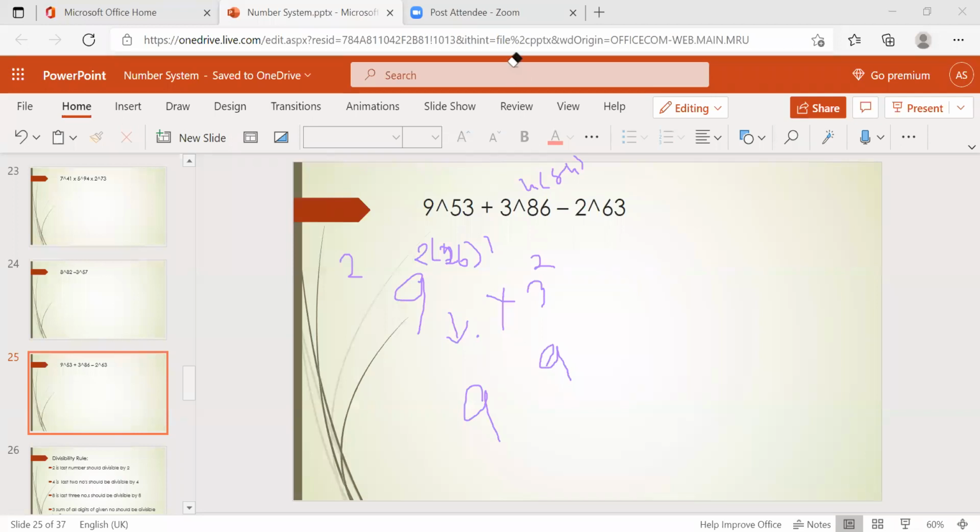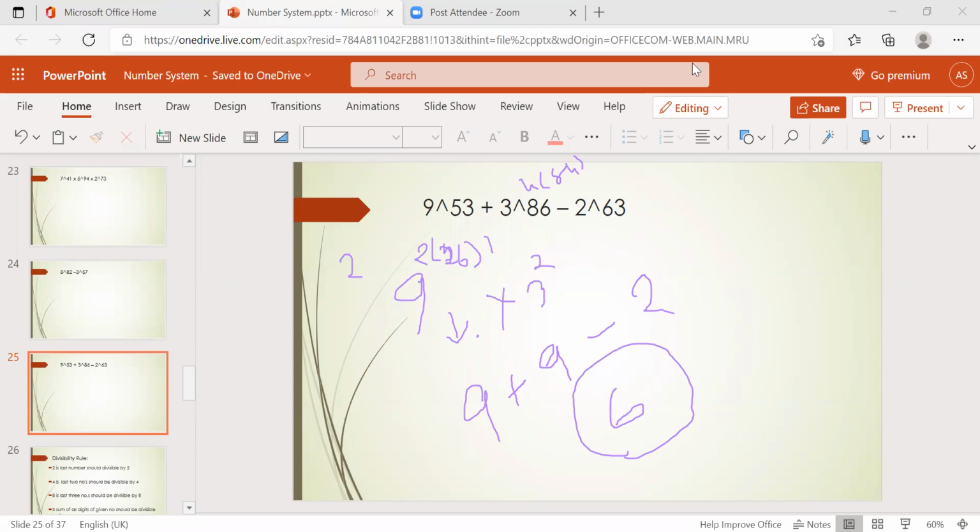So 9 plus 9 and minus 2 power 63, remainder is 1 here. Remainder is 1 means 2 power 1 is nothing but 2. So here 9 plus 9, 18 minus 2 is nothing but 16. So unit digit will be 6, right?